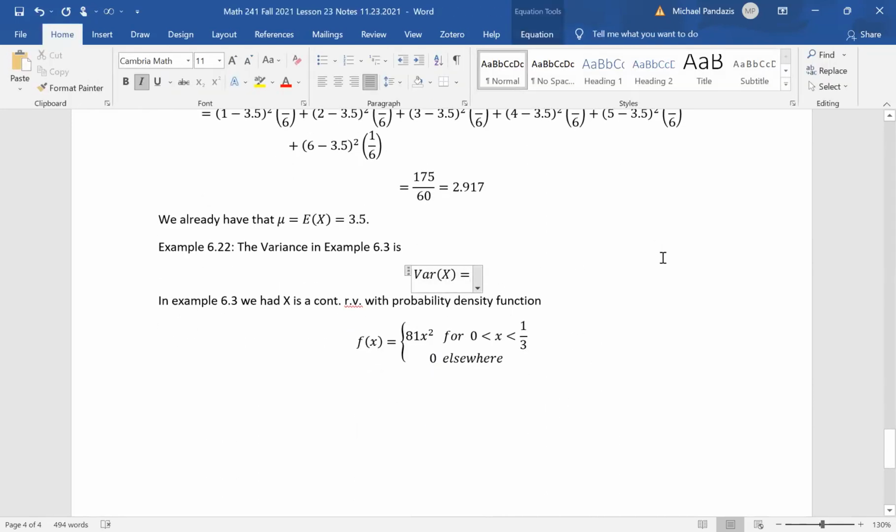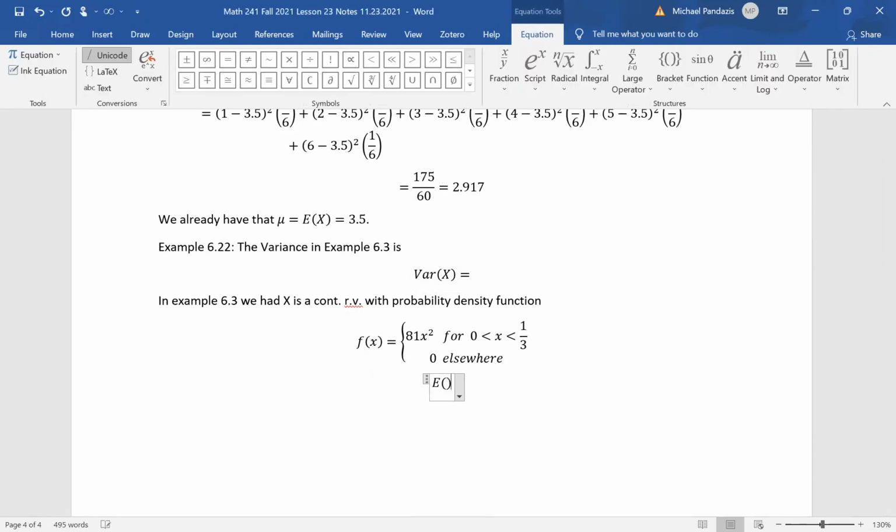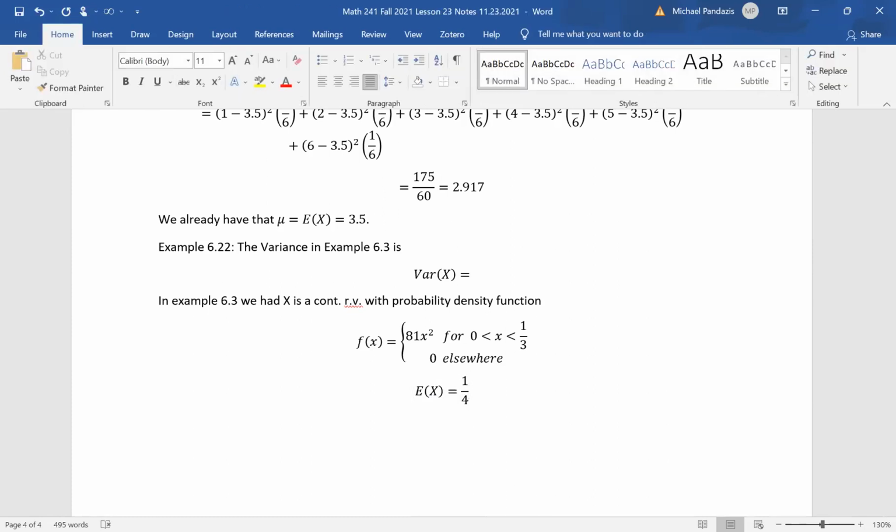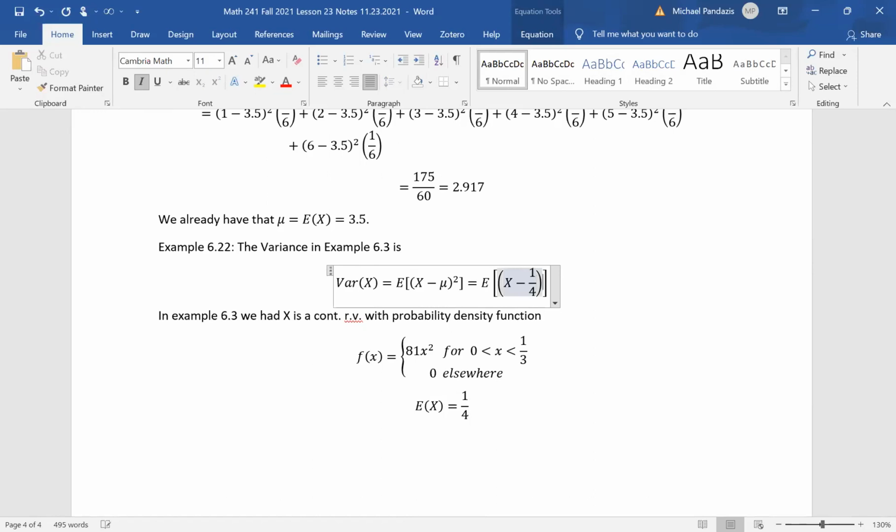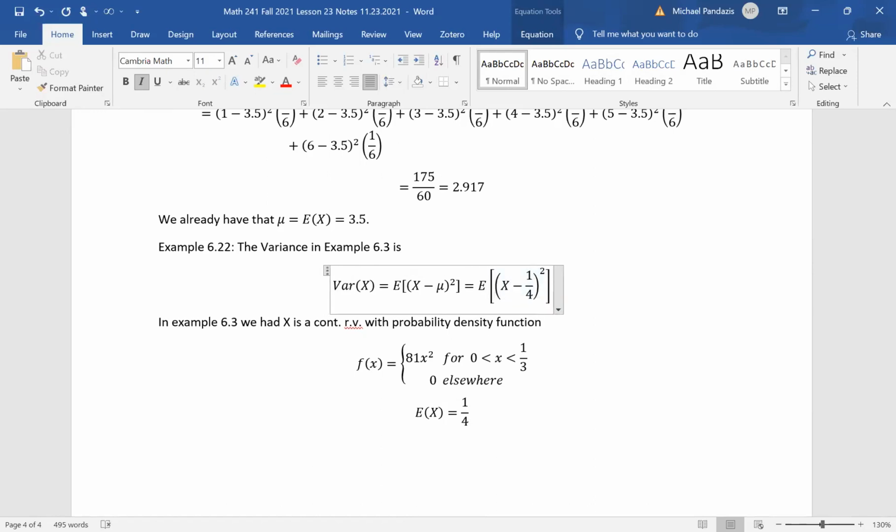Okay, so we want the variance for that example, and we found that the expected value of X was equal to 1/4. So we want the variance of X, which is the expected value of X minus mu squared. So that's equal to the expected value of X minus 1/4 squared.